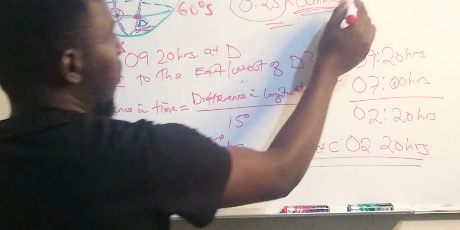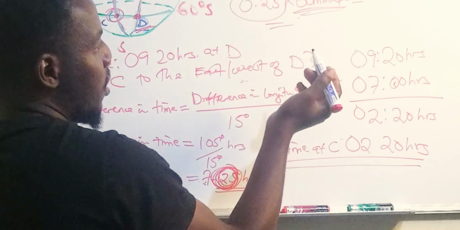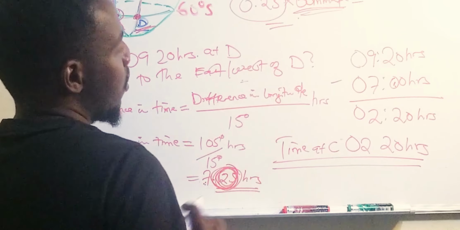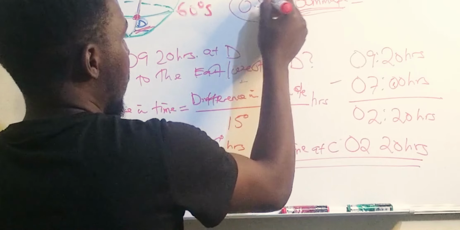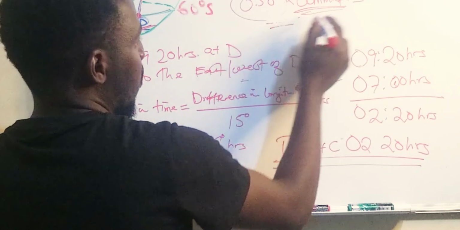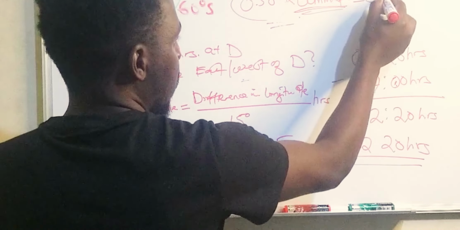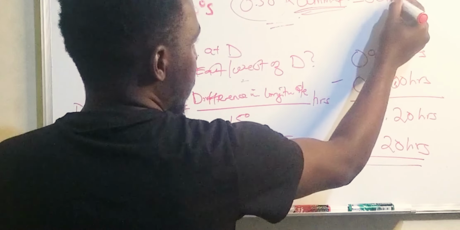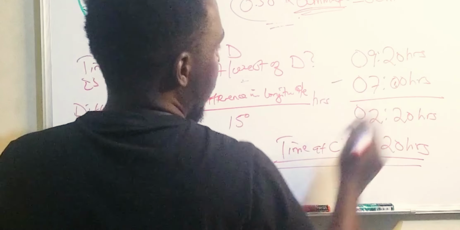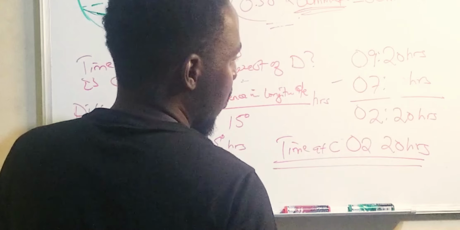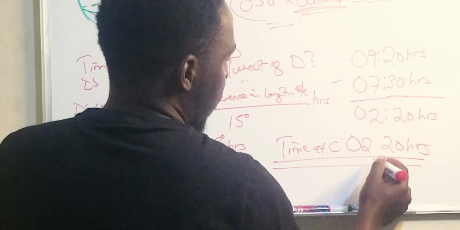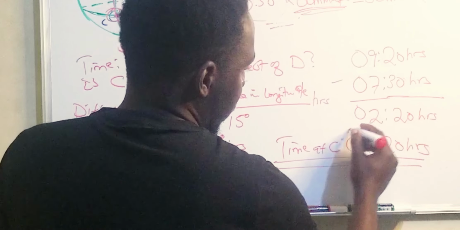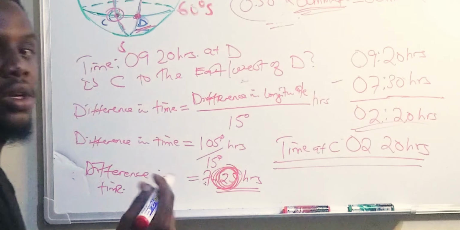So let's say, to make it easy, 0.50. This means that we have 30 minutes. So here, instead of 07 hours, it would have been 0730, and the answer here would have been something different after you do your calculations.